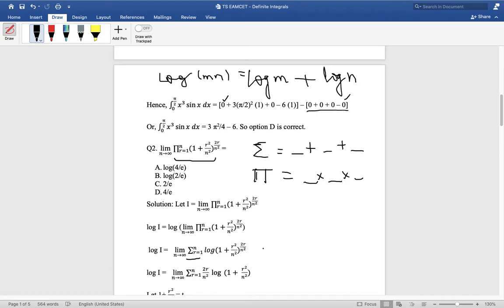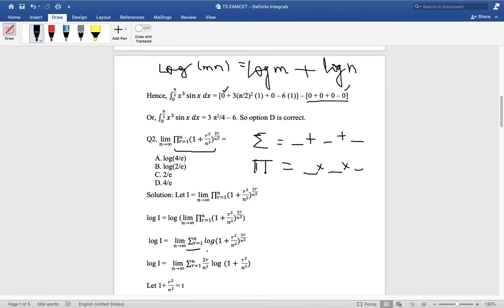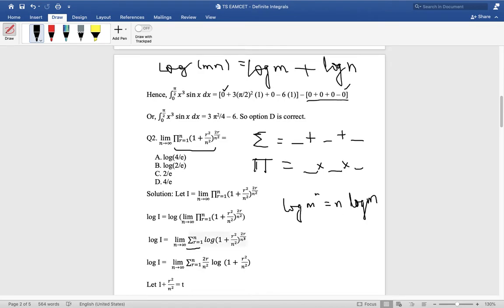So that is what has happened over here. Now this is log of (1 plus r square by n square) whole raised to the power 2r by n square. We know that log of m raised to the power n is equal to n into log of m. So that is what has happened here. 2r by n square comes down. So log of I is equal to limit sigma r equals 1 to n, 2r by n square into log (1 plus r square by n square).